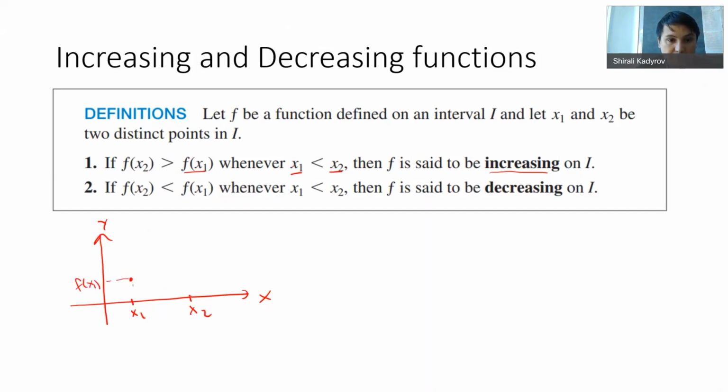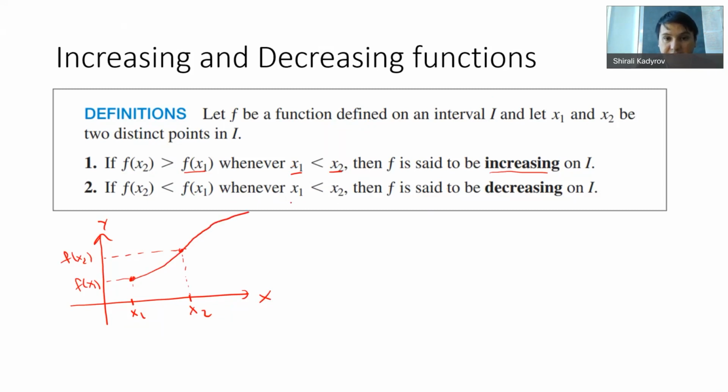It's smaller, which means f of x2 is higher, somewhere here. That's the example of increasing. So you see, if we go from smaller values to larger values on the x-axis, my y-axis value also increases. So it's an increasing function.